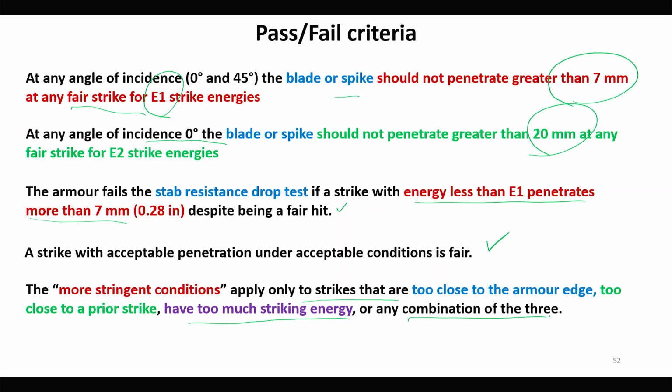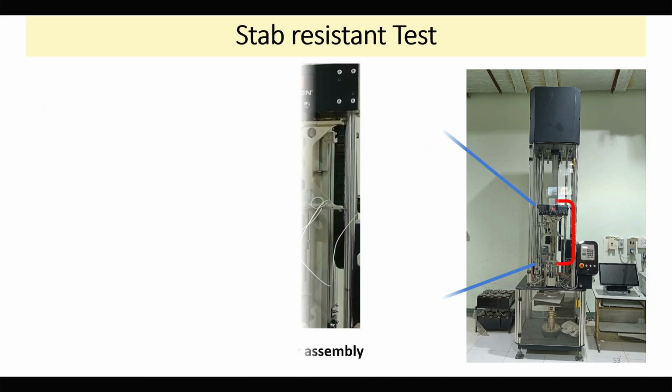So, if there is a more stringent condition, then we can use it. They apply only to strikes that are too close to the armor edge. So, this also can be used.